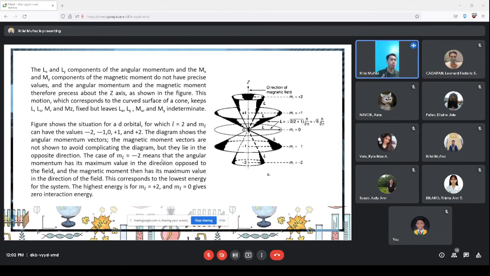And the magnetic moment then has its maximum value in the direction of the field. So align siya sa field. So this corresponds to the lowest energy for the system. And the highest energy is for M sub L is equal to +2 kasi nga nasa kabila siya, naka-oppose naman yung ating magnetic moment sa positive z-axis or sa magnetic field natin. And M sub L is equal to 0 gives zero interaction. Ito yun yung pinaka nasa gitna.